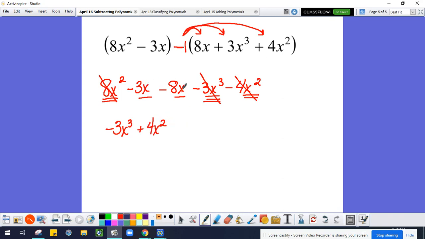Then both of these have one underline and they're both negative. If they're the same sign, you add them. So -3 plus -8 is -11x. Highest exponent to lowest exponent. This is cubic because it has a third power, and it's a trinomial because there are 3 terms, cubic trinomial.